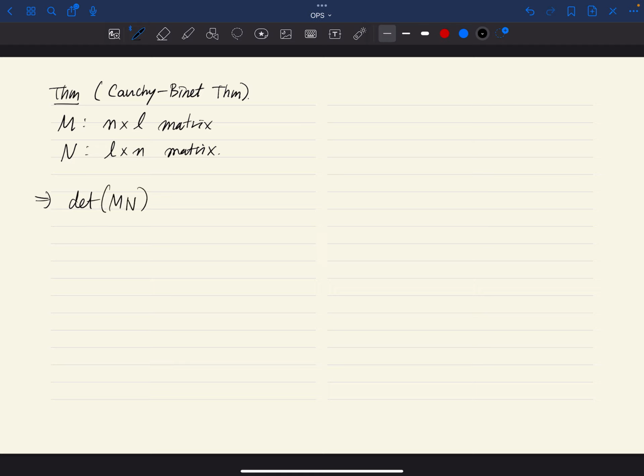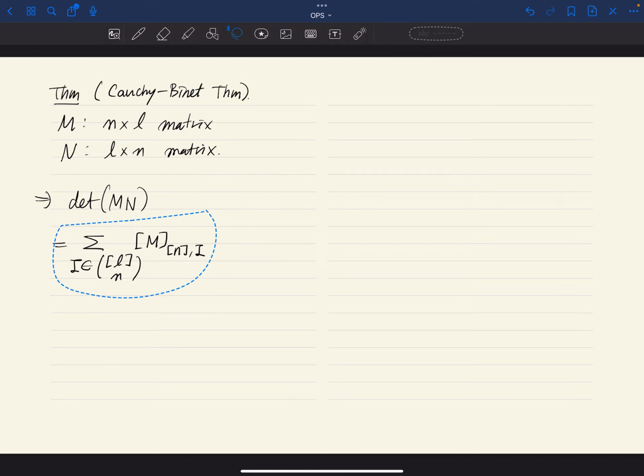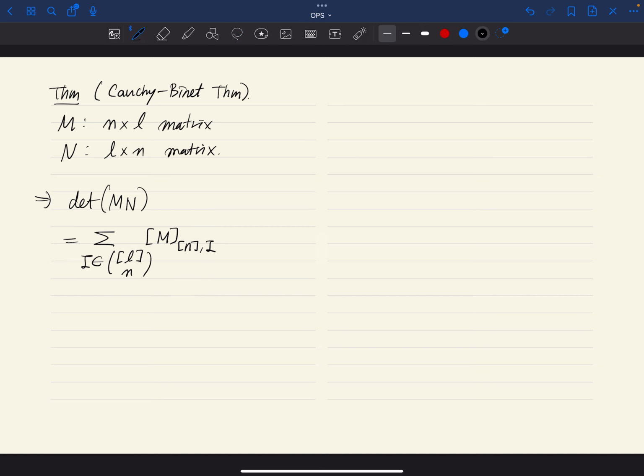This is equal to the sum over all subsets I of [l] of cardinality n of the minor M with I times the minor N with I. This is what's called the Cauchy-Binet theorem.